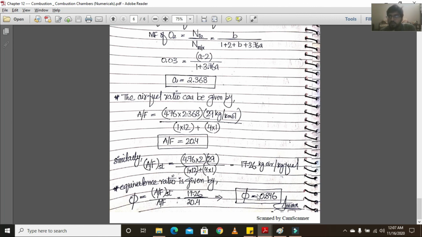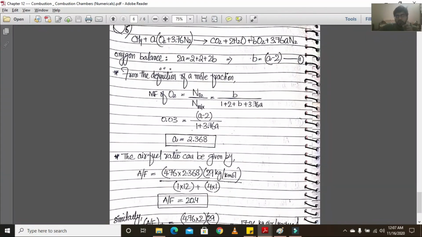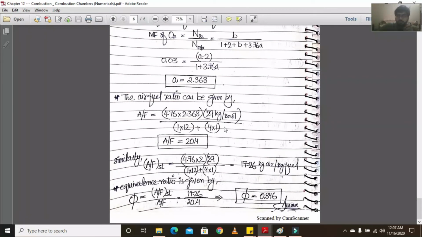Here the mixture is slightly leaner, and since the equivalence ratio is less than 1, we have a lean air-fuel mixture. You can see it from the question as well. We had excess oxygen found in the combustion product, which means we provided an extra amount of oxygen.